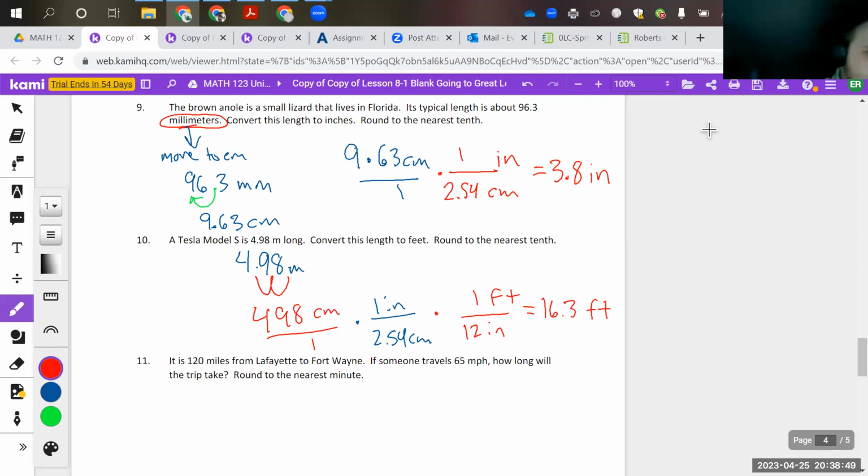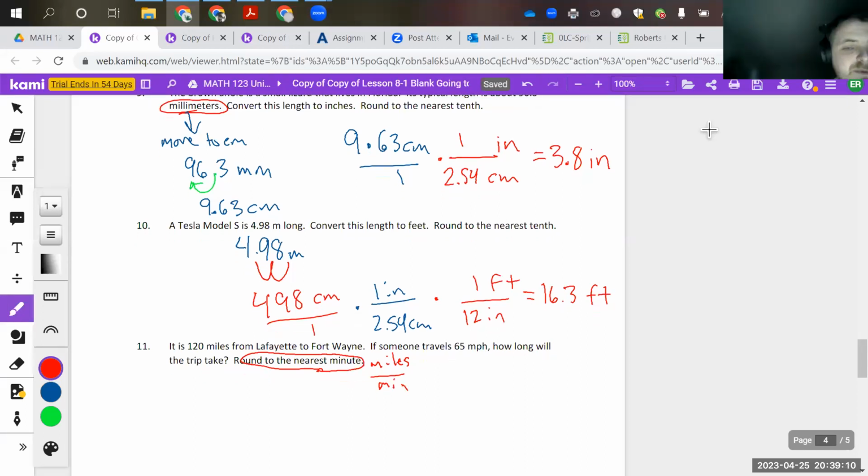Okay. So from here, I'm curious how many miles per minute I'm going. This is essentially saying I need miles per minute. So I only have miles per hour right now.